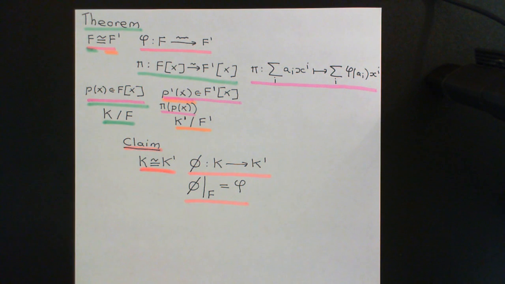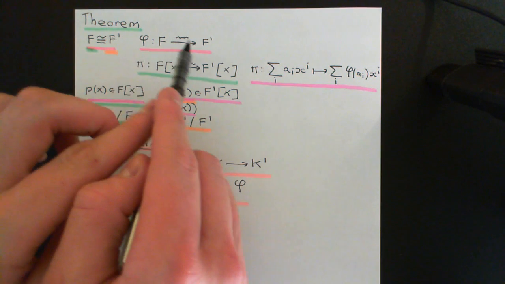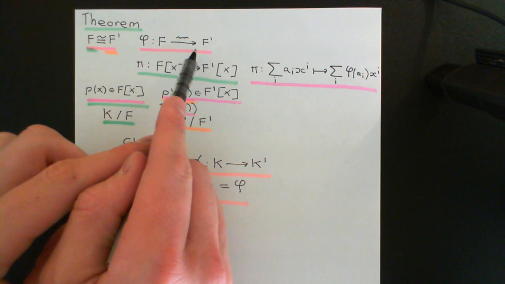Okay, right. And of course, hopefully you can now appreciate that if I prove this, I will have proven that indeed the splitting field must be unique, because just let F prime equal F and let this isomorphism equal the identity map, which maps all of the elements of the field onto themselves.